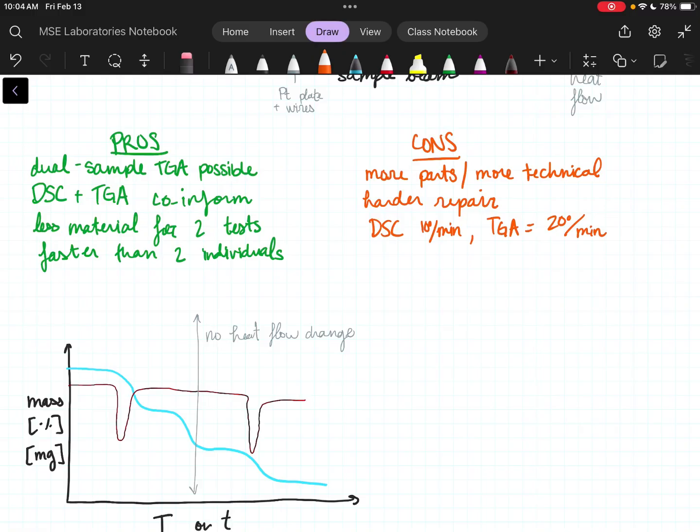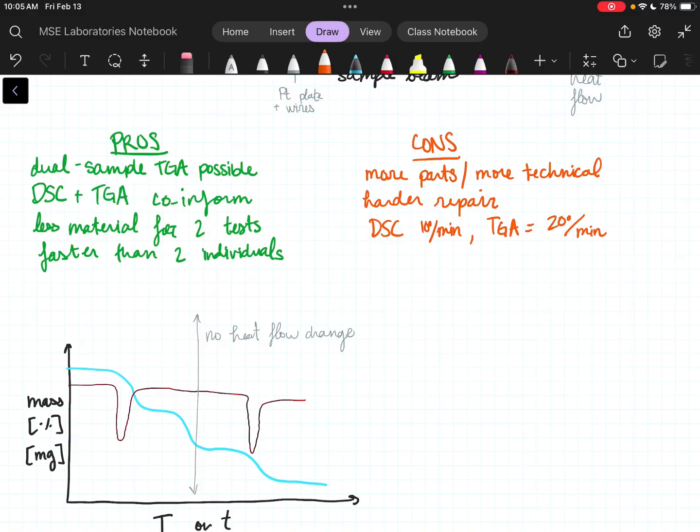So there are quite a few pros to combo instruments. Some of the cons we talked about, like we have now complicated an already complicated instrument. Also cons, DSC likes 10 degrees per minute. TGA can go much faster. So we have to choose whether we're going to choose a speed that is beneficial to TGA or to DSC.